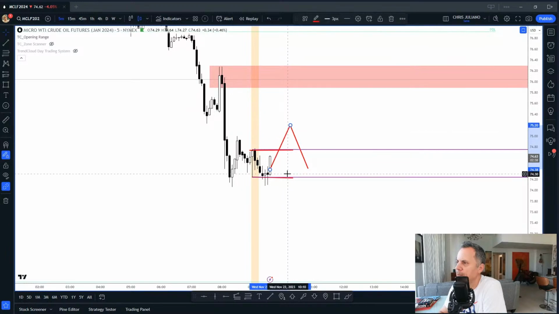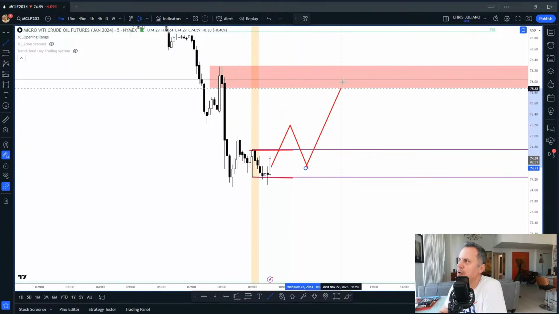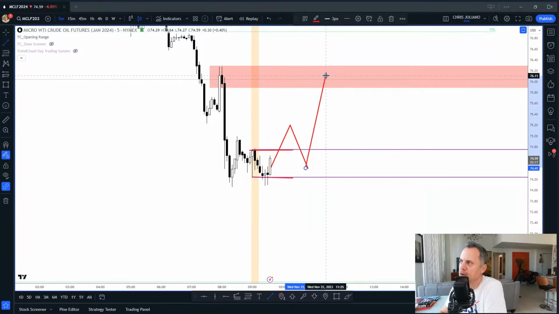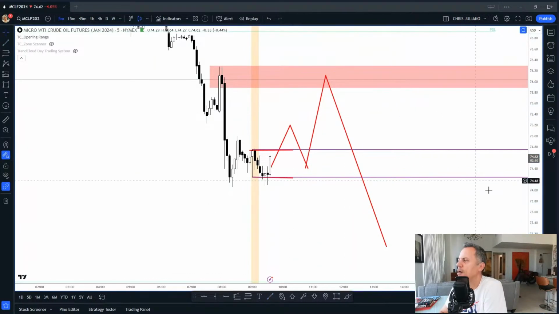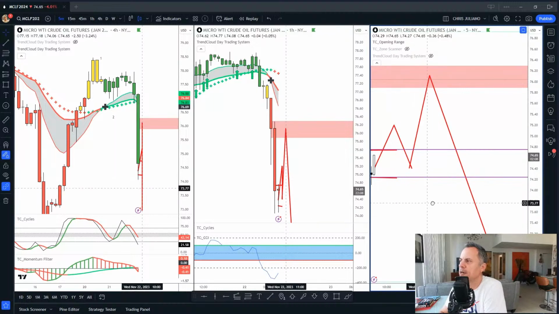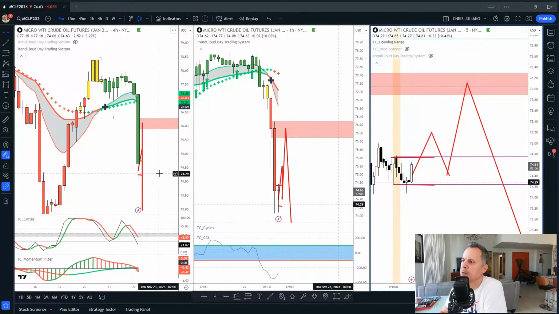So if this breaks out and then starts to retest, a lot of people are going to say, "Oh, let's go long to here," but I don't like that because there's just too much force to the downside. I would rather wait until we get to here and then start shorting. Okay? So it might take a while. That's just one scenario, guys, right? That's just one scenario.